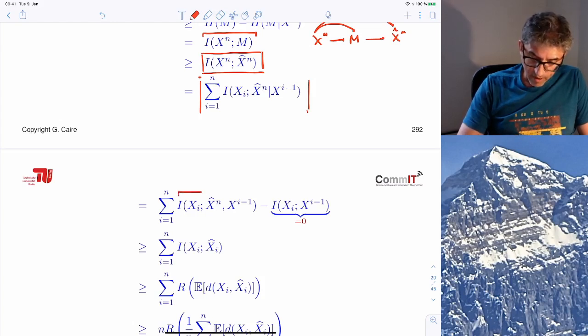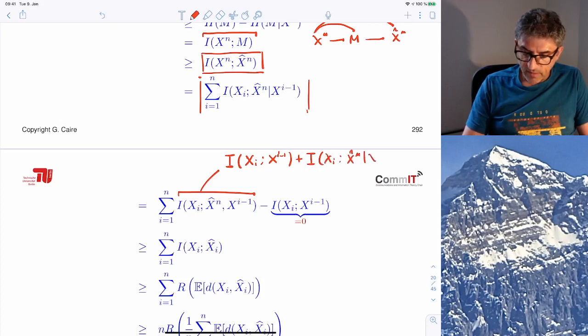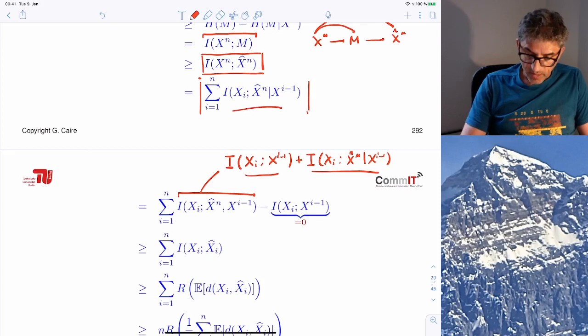So if we take any term here and we break it into simply X_i and X^{i-1} plus X_i and X-hat^n given X^{i-1}, right? Then you see that the difference is equal to that, right?